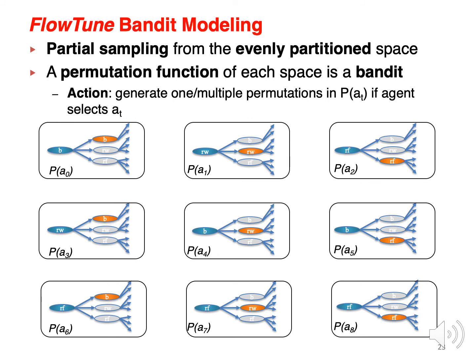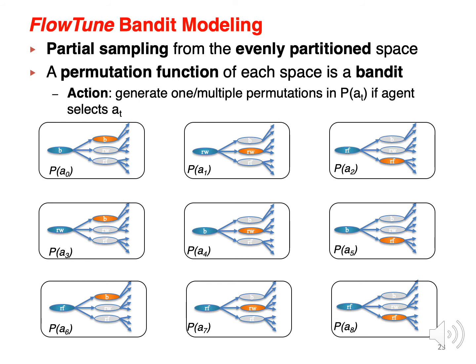For example, when you start with B, you have 3 different choices, right? If you start with RW, you also have 3 different choices. Then the action of each iteration will be generating one or multiple permutations in P of A of T, right? So if the agent selects A of T, it is sampling some permutation in that space.